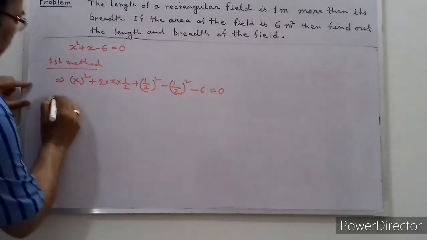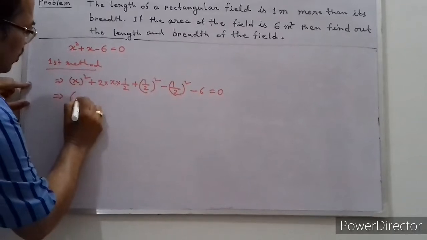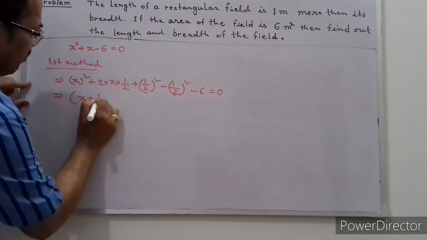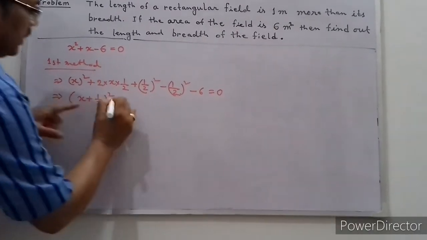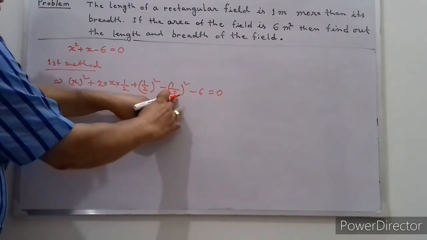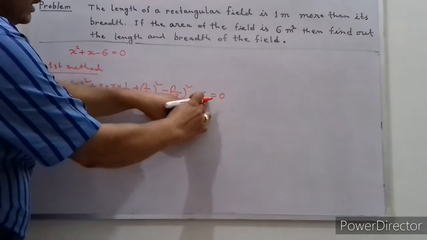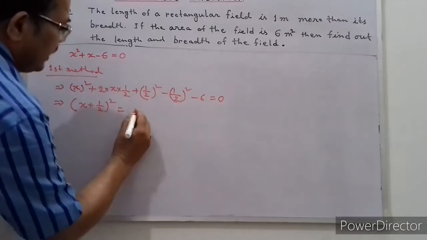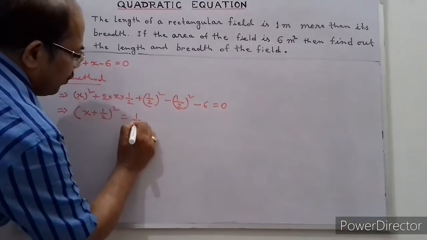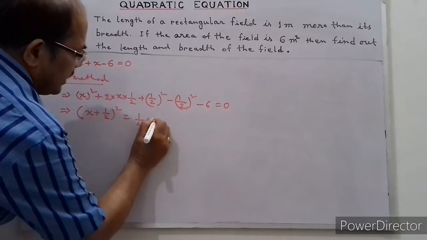Therefore the whole square of x plus half equals, this is minus 1 by 4 and this is minus 6. If we take the right hand side, we will get plus 1 by 4 and plus 6.